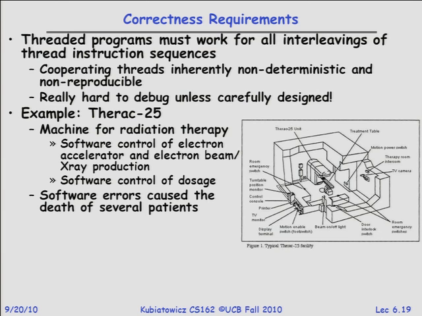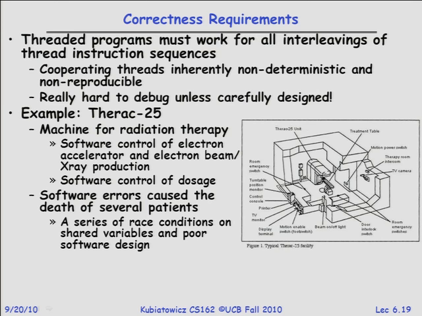Yeah, oops is exactly right. What happened is they gave them way too much dosage of radiation, and as a result, they had some very bad symptoms for a month or 2, and then the worst symptom was they were not alive afterwards. What's worse about this was a series of race conditions in the software. They didn't design the software well, and as a result, caused these race conditions.